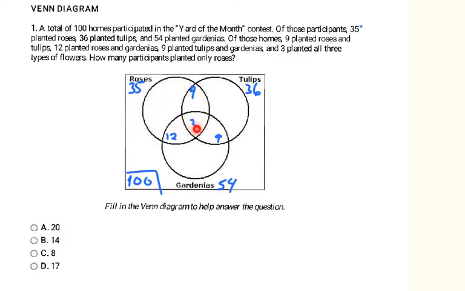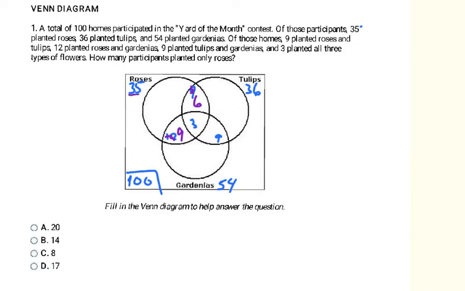Well, if I know 3 are all 3 and 9 is both these pieces, that means this piece here is going to be 6, because 3 plus 6 is 9. And then I'm going to do the same with the 12. I know 3 of those are all 3, so that means I have 9 of just gardenias and roses.